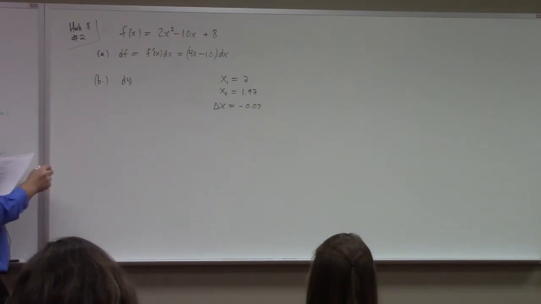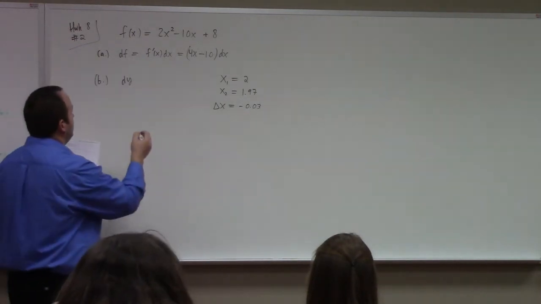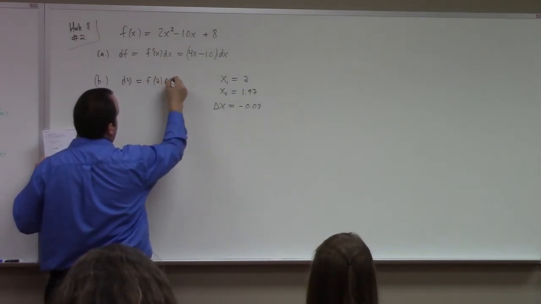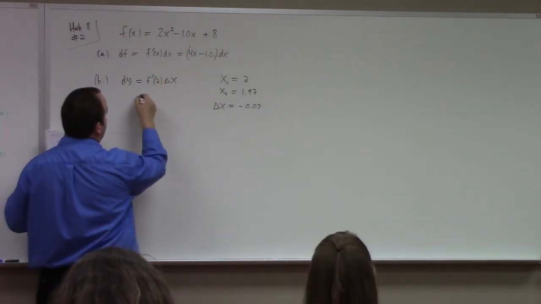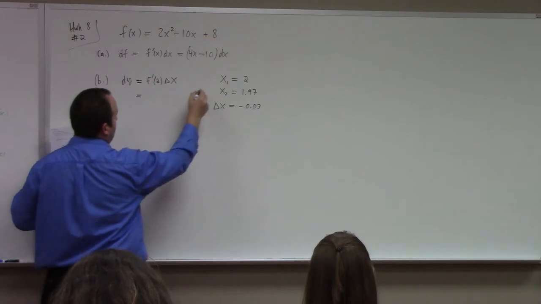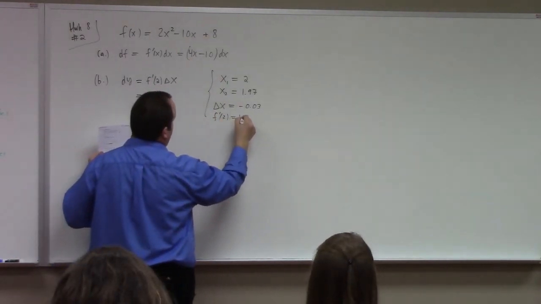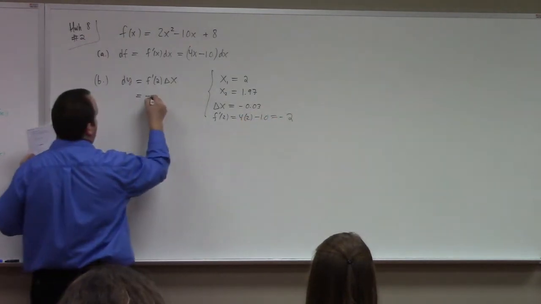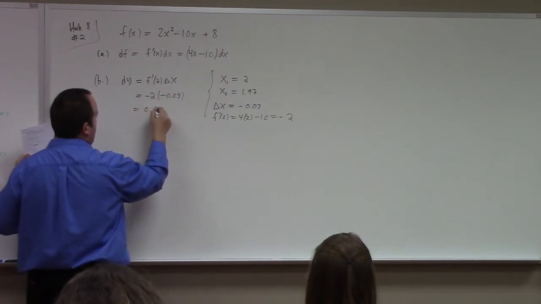So dy is equal to f prime of 2 times the change in x. What's f prime of 2? It's negative 2, because that's 4 times 2 minus 10, which is equal to minus 2. So I get minus 2 times minus 0.03, also known as 0.06.